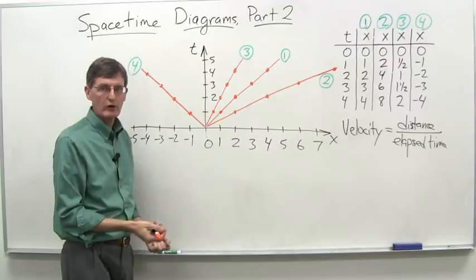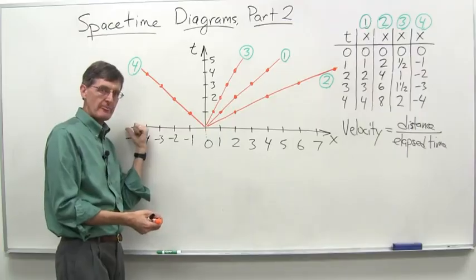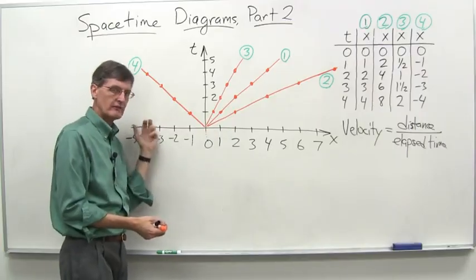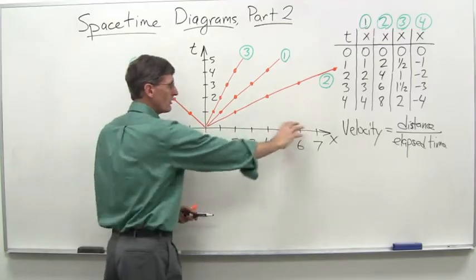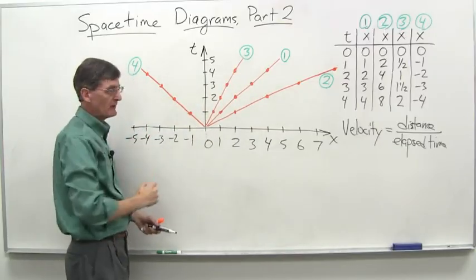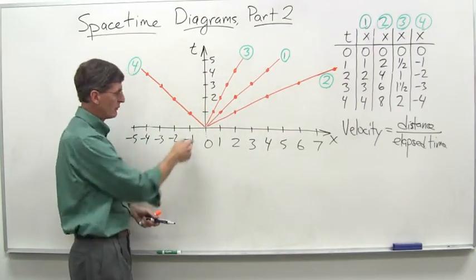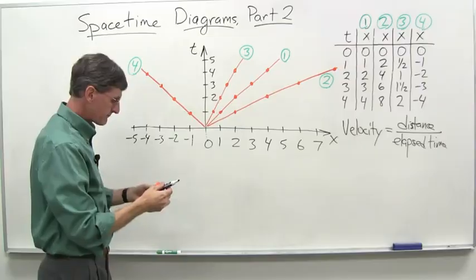So we're going -1 meter per second, the negative sign indicating motion to the left. We take motion to the left as negative, motion to the right as positive. And again, this is motion just along the x-axis. These are the world line representations of that motion along the x-axis. We're applying the time as the vertical axis here.